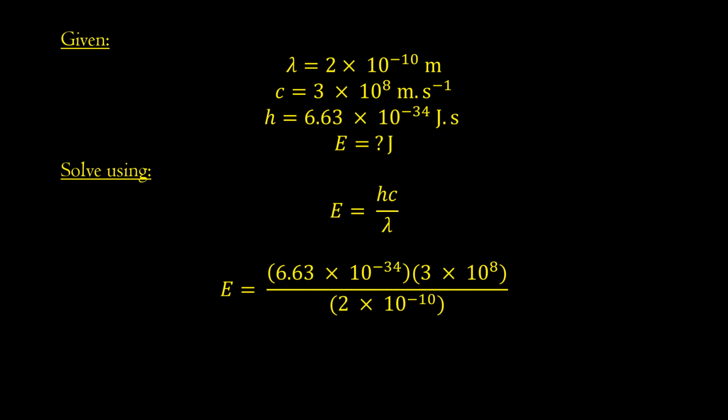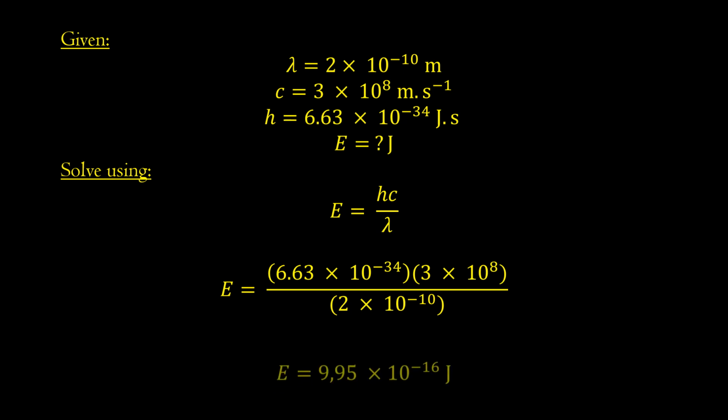Remember, opening your brackets on your calculator is especially important when you are working with very small numbers. Planck's constant is a very small number. Working with very big numbers, the speed of electromagnetic radiation in vacuum is a very big number. So open those brackets. They will make sure that you do not get the wrong answer.